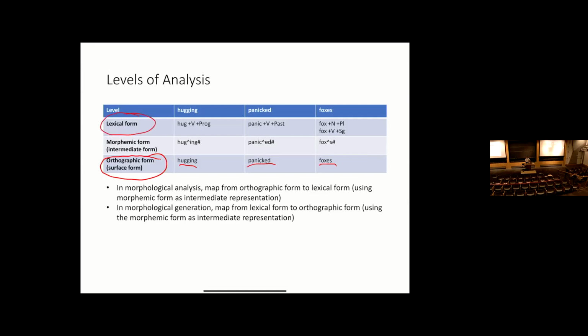So we have what's called a lemma, which is sort of like the dictionary form of a word, and then a set of inflectional properties. So here, as part of speech information, we want to know that it's a verb, and we want it to be progressive. For the case of foxes, we get two different lexical forms corresponding to one orthographic form. It could either be a plural noun or a singular verb.